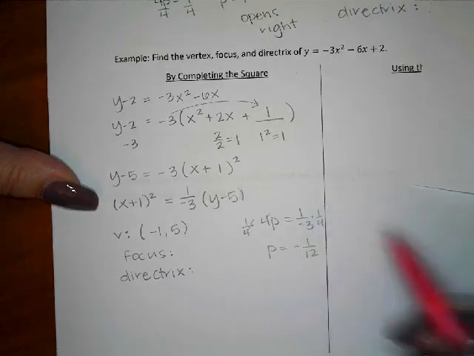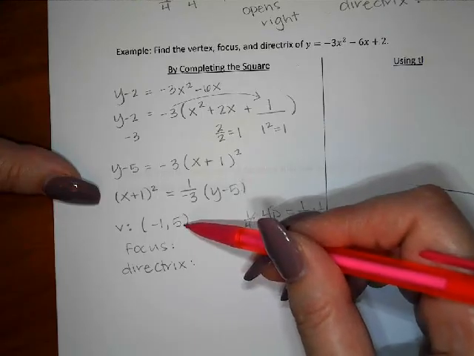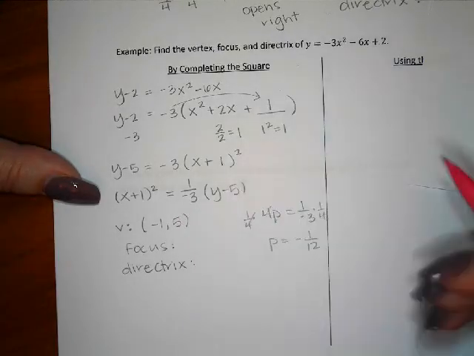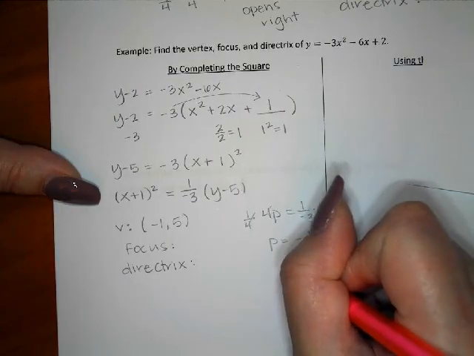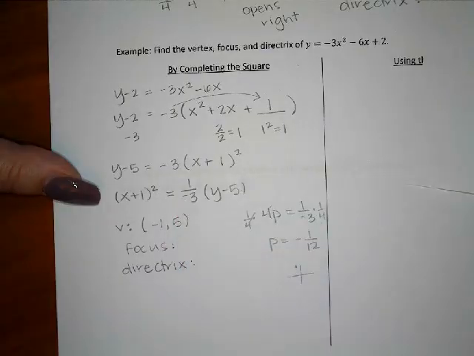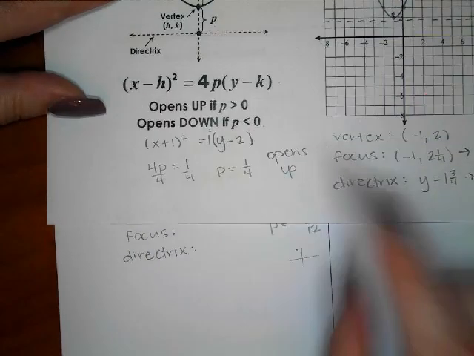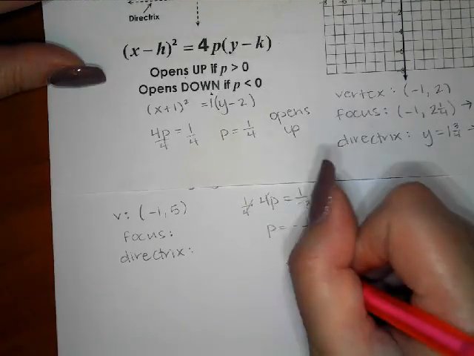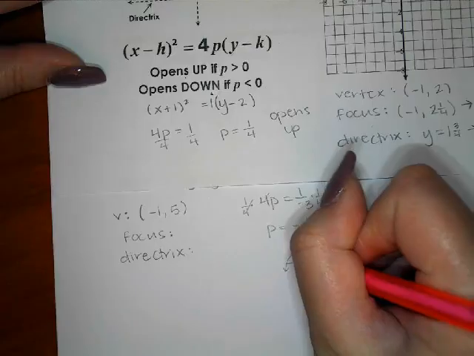For the vertex, I have -1, 5, so left 1, up 5. I just want to picture this. This negative tells me that my parabola opens down, it does not open up. So I'm going to draw a little sketch going down. That means my focus is underneath this point and my directrix is above this point.